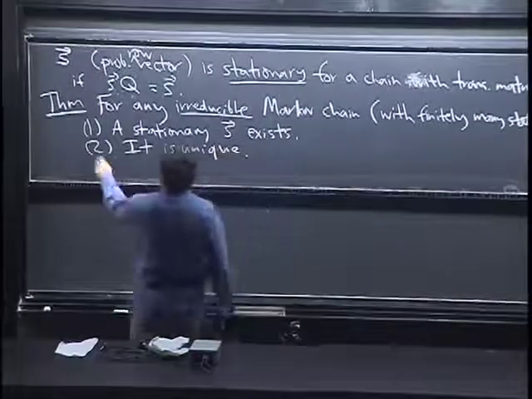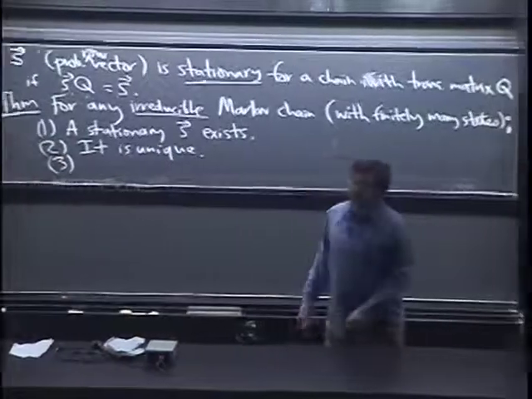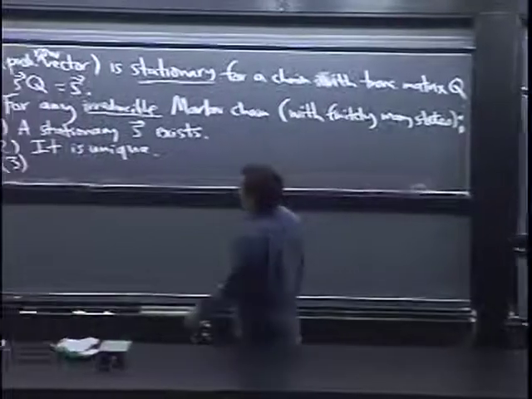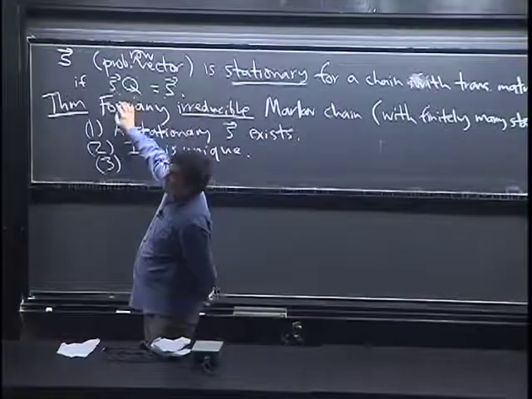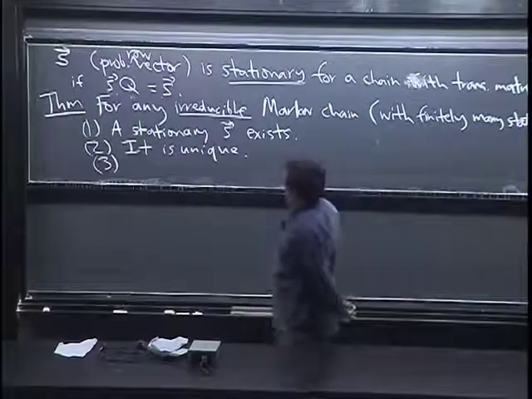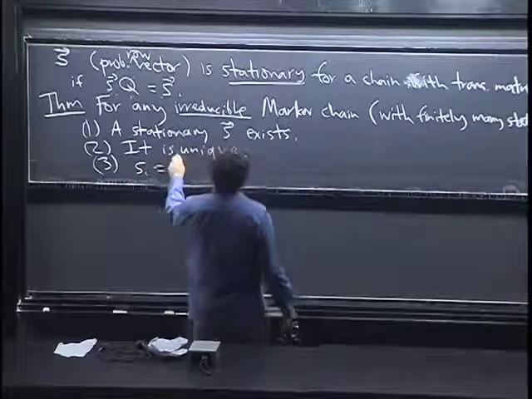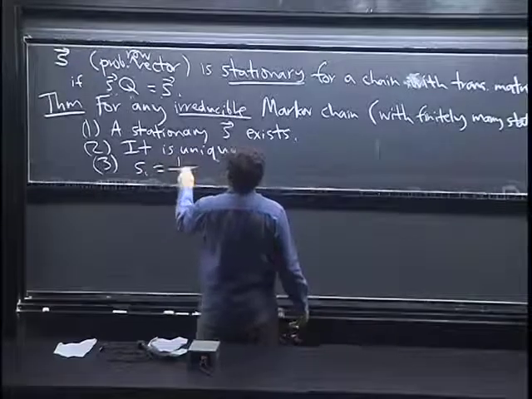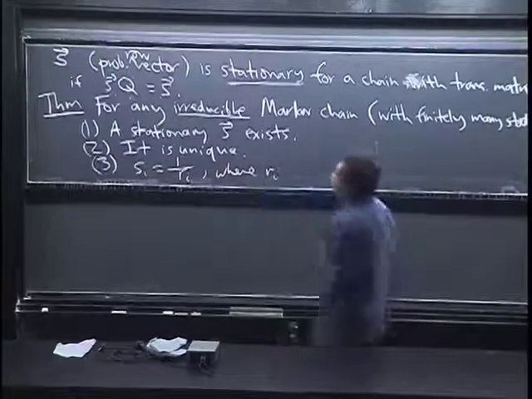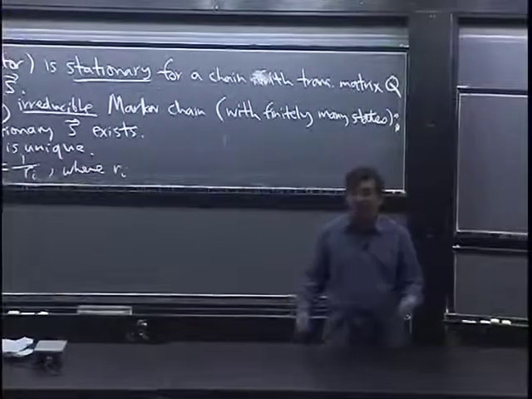Thirdly, there's actually a formula that's interesting in giving more intuition for what the stationary distribution does, and that's that S_i equals 1 over R_i, where R_i is the average time it takes to return to state i, starting at state i.